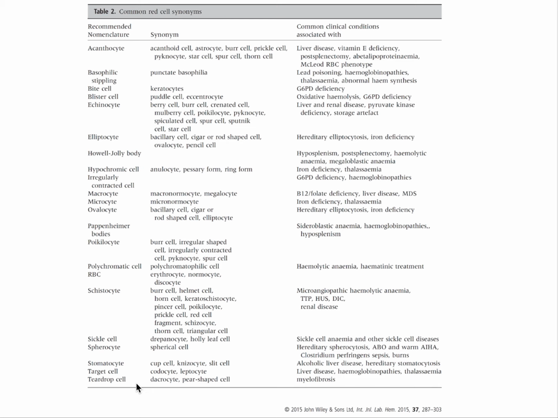So for example, teardrop cell, formerly called dacrocyte or pear-shaped cell. The schistocytes can be called burr cell, helmet cell, horn cell. There are a lot of different cool names. So I guess just know the recommended nomenclature as indicated by the consensus hematology group.